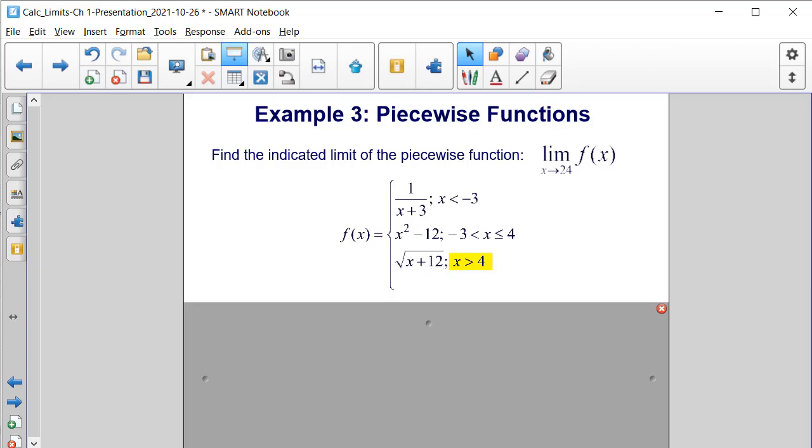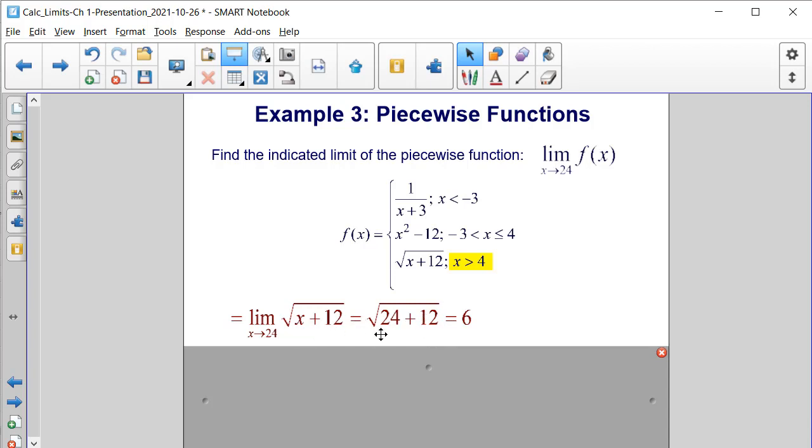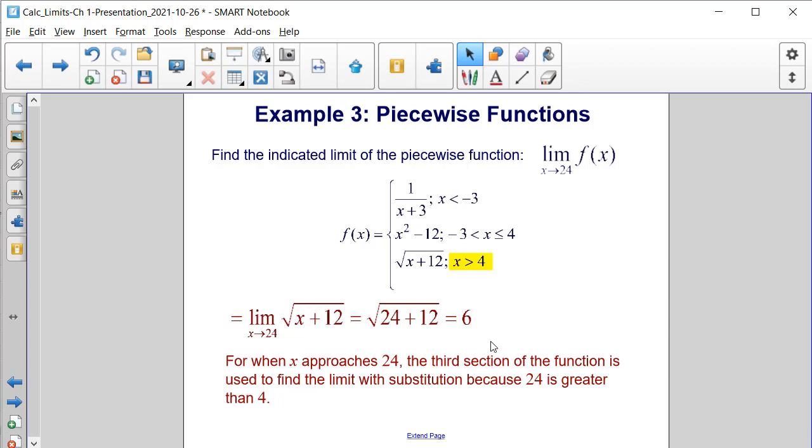And when we do that, we are going to have 24 plus 12, and the square root of 24 plus 12 is the square root of 36, which is 6. And again, we did that because 24 is greater than 4, or it lies within this section of the function's domain.